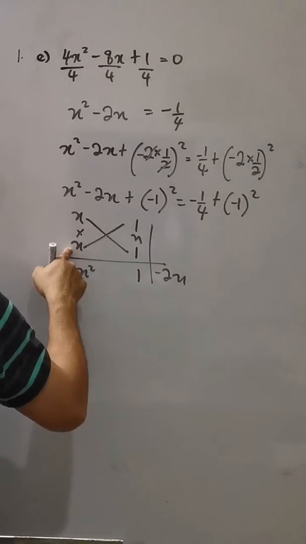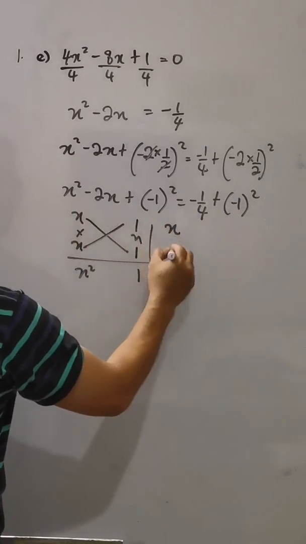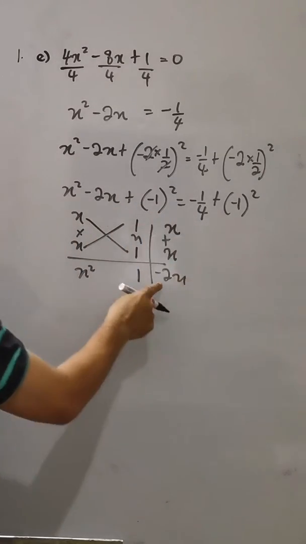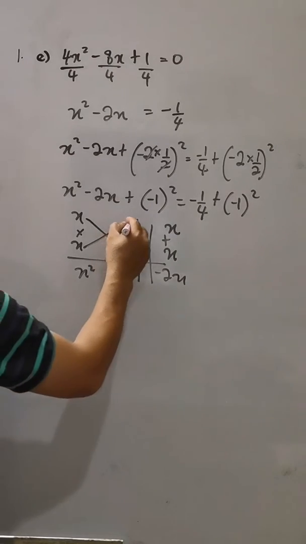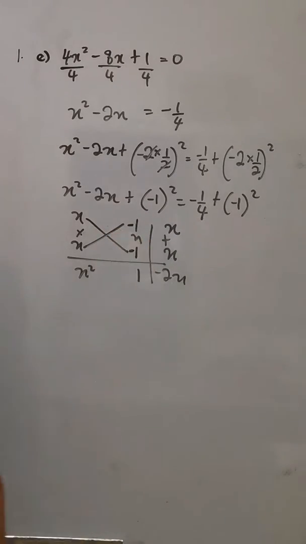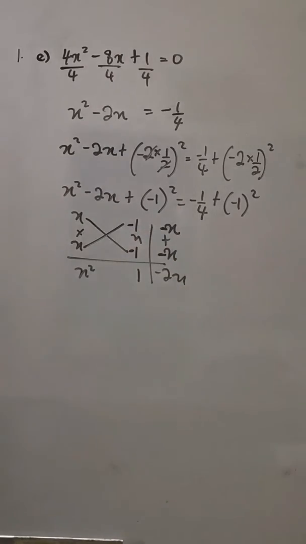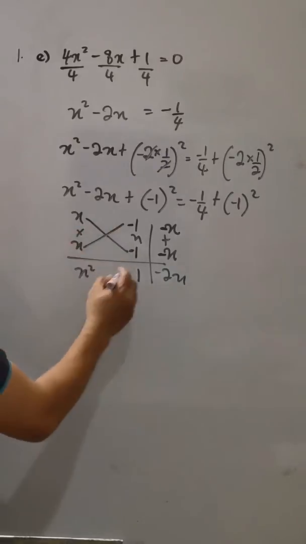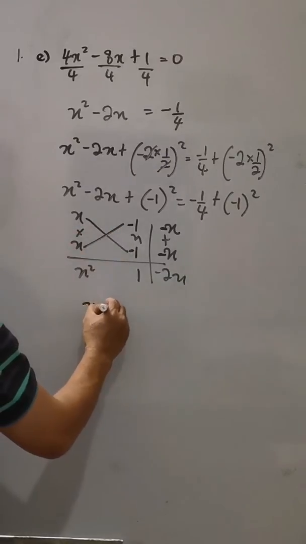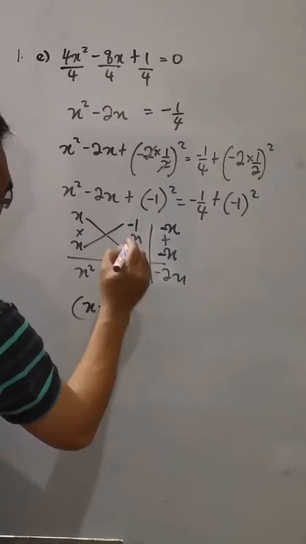When you multiply, x times 1 will be 1x, and 1x, you plus, it will not be negative. So negative 1 and negative 1, it becomes negative x and negative x. Negative x plus negative x will be negative 2x. So again, the factorization will be x minus 1 squared.